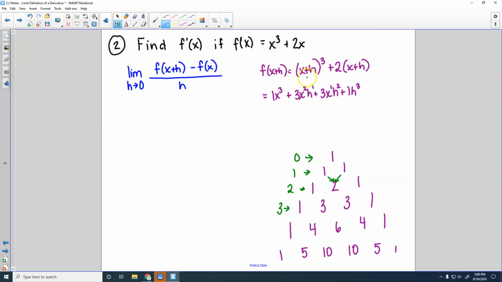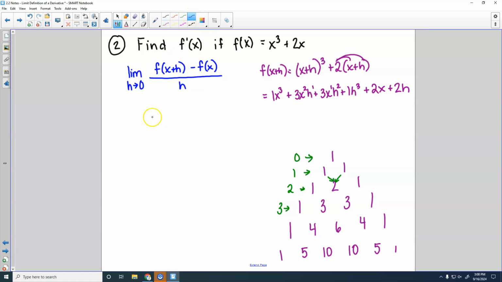So if we use that to expand, it's a little bit quicker. We also want to distribute this 2 right here, so plus 2x plus 2h. Then you would want to simplify if possible, but I don't think it's going to be possible on that. I think that is your f of x plus h.